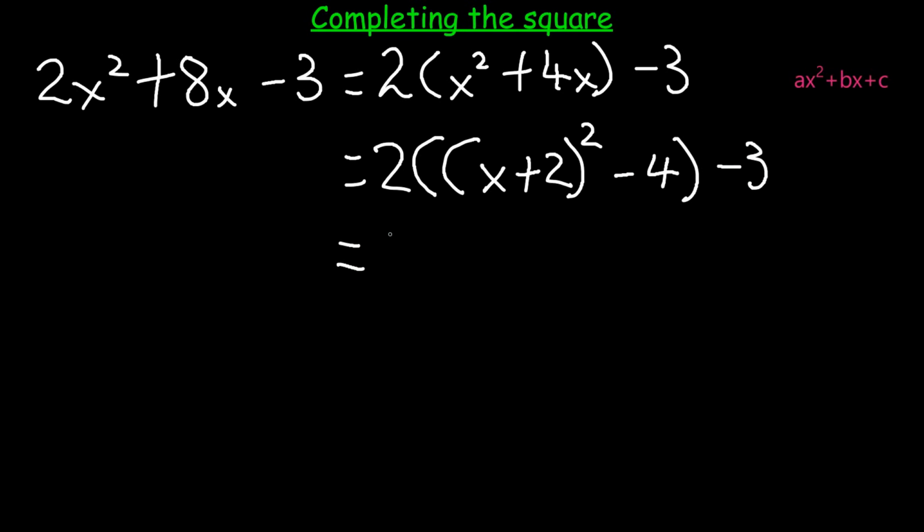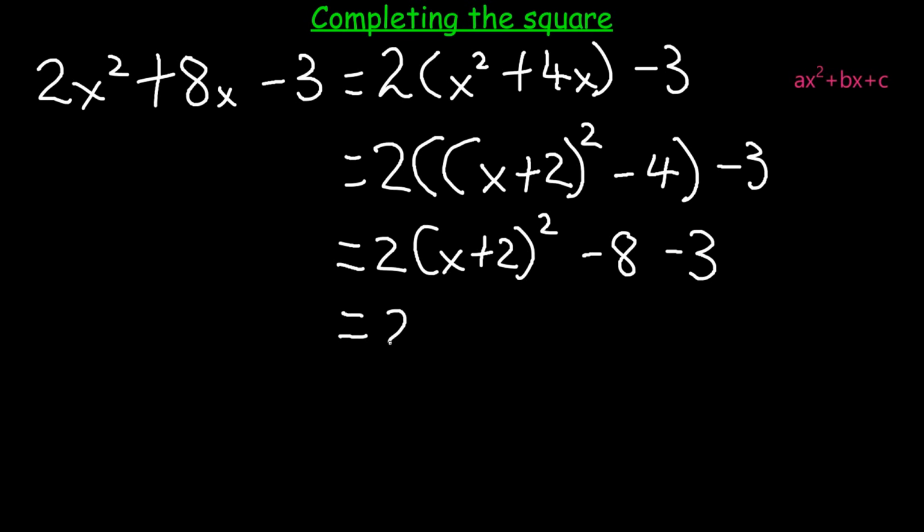Next, we will distribute this 2 to the negative 4, so we have 2x plus 2 squared minus 8 minus 3. Simplifying this, our solution is 2x plus 2 squared minus 11.